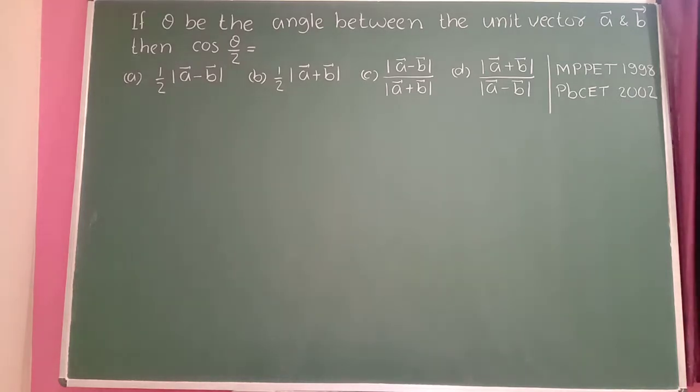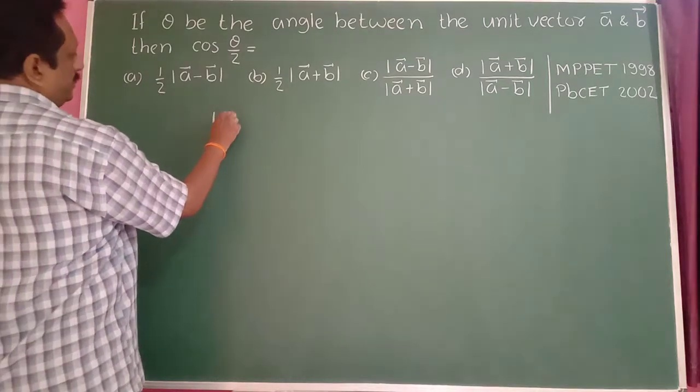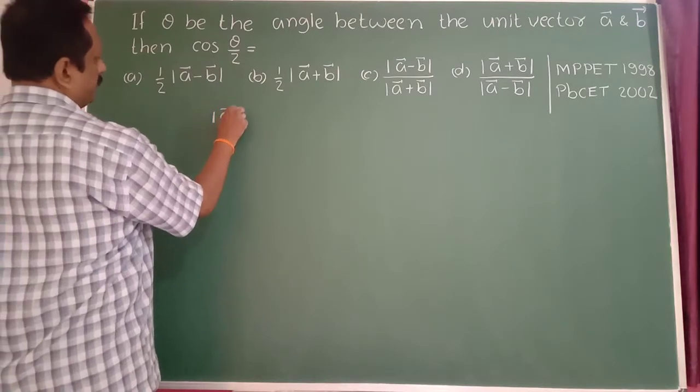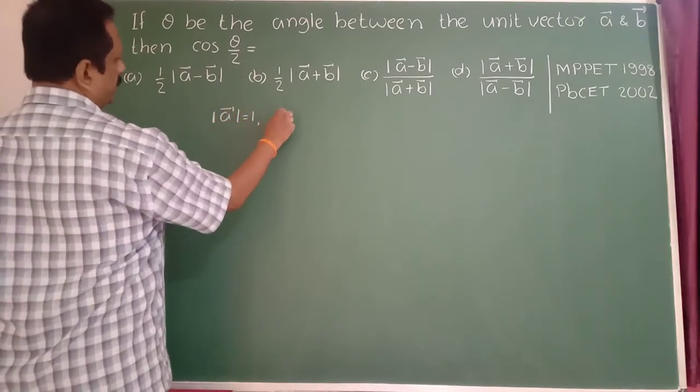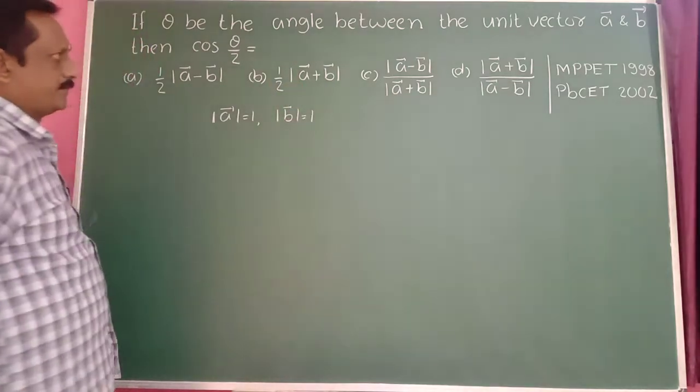So here theta is the angle between the two unit vectors A bar and B bar. Then cos theta by 2 is equal to what here? A bar is a unit vector, and B bar is also a unit vector, so the moduli are 1.